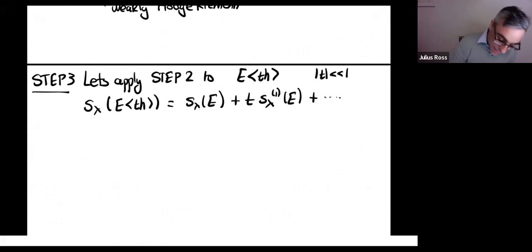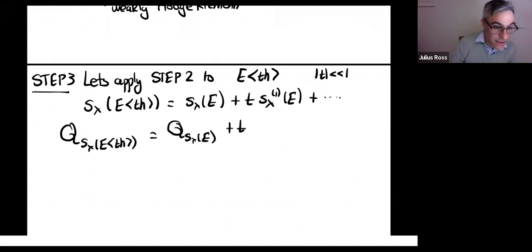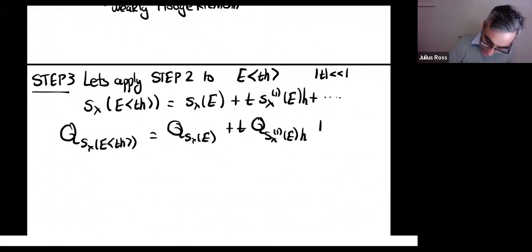Or said another way, the Q S lambda of E of TH is the Q of S lambda of E plus T times H times this Q S lambda of 1 of E of H, etc. Right? So now what do we have? We have a family of bilinear forms, all of which have this weak Hodge-Riemann property.